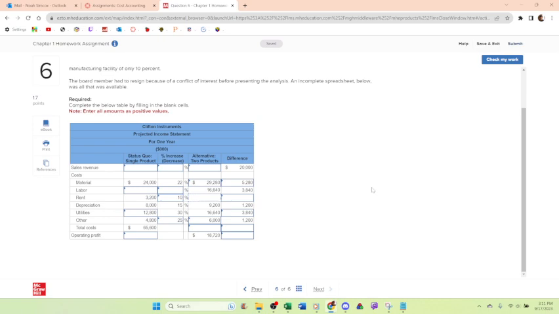3, 5, 2, 0 minus. So now we can get something else. We have calculated every single alternative cost, so we can calculate the total of the alternative costs.